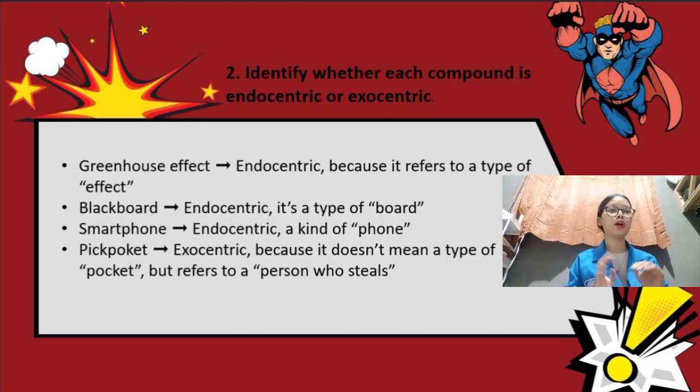It's a type of board. Next is the smartphone. It is endocentric, a kind of phone. Last is pickpocket, which is exocentric because it doesn't mean a type of pocket but refers to a person who steals.